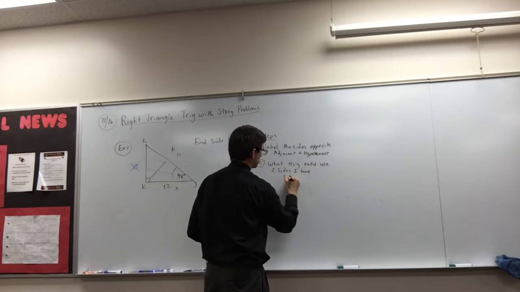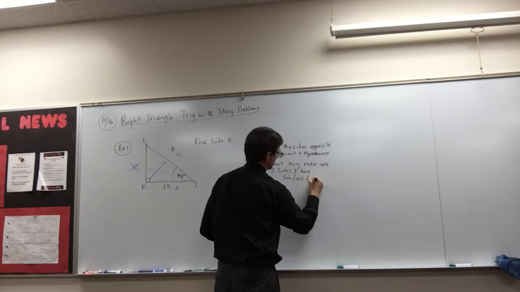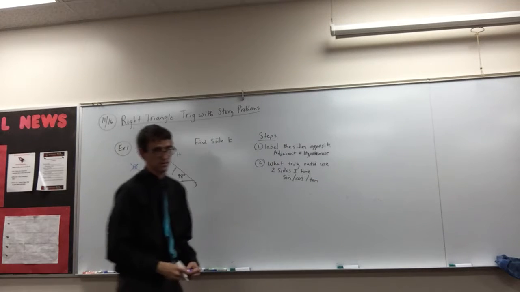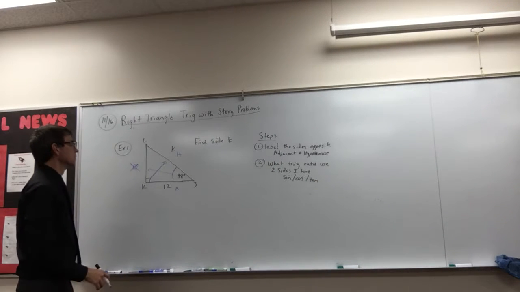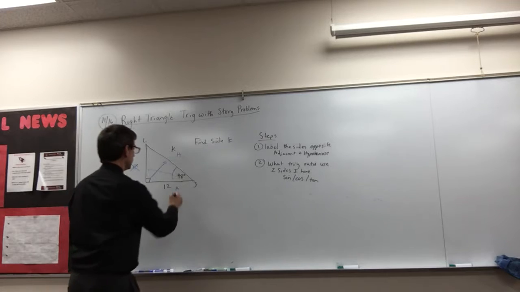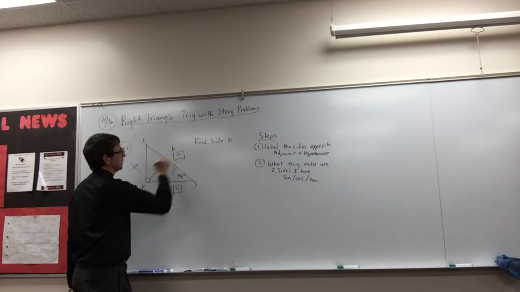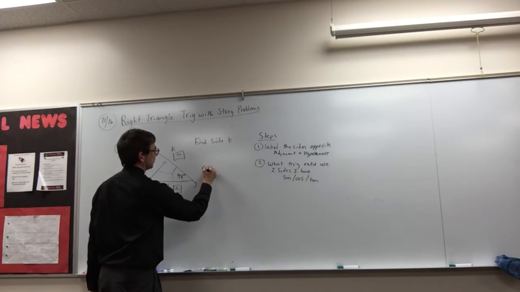It's always going to be sine, cosine, or tangent for these. You are not going to be doing secant, cosecant, or cotangent. If we look at this, I have adjacent and hypotenuse. Adjacent and hypotenuse is cosine.